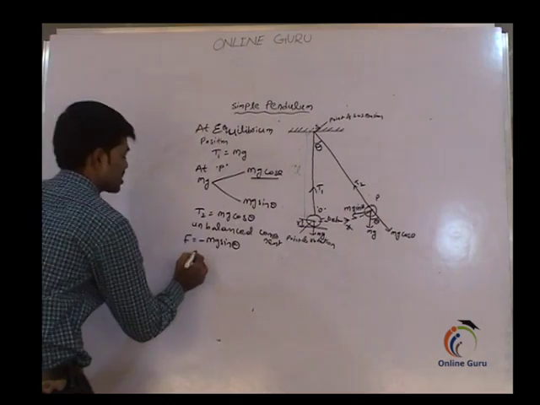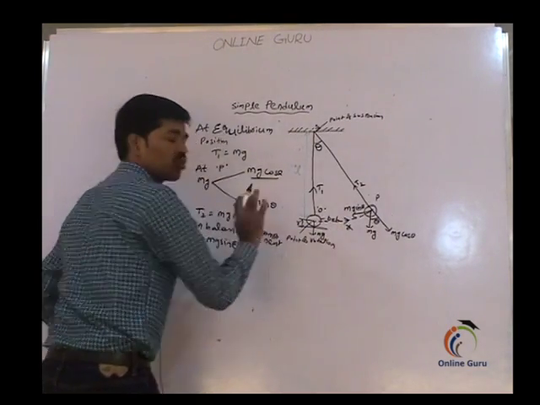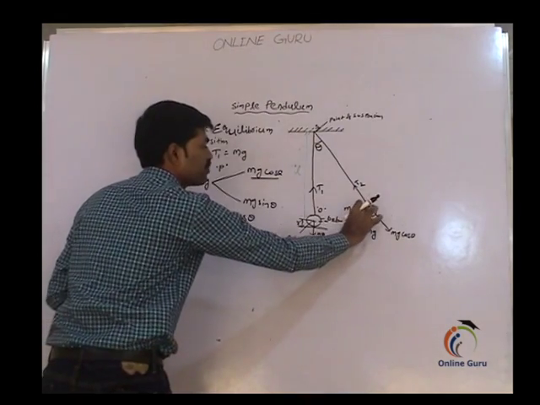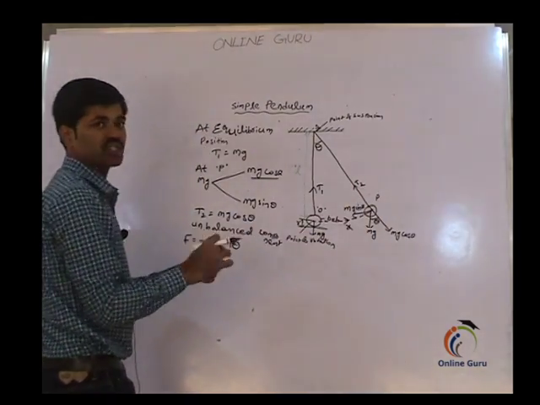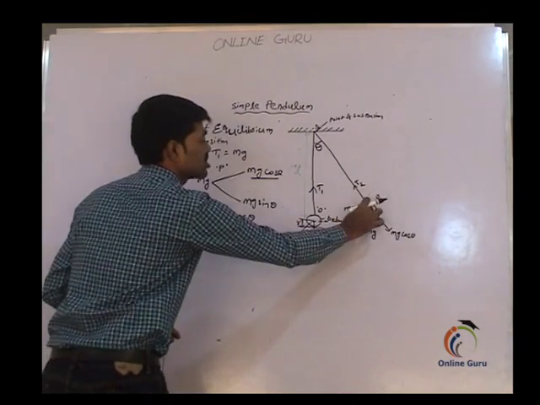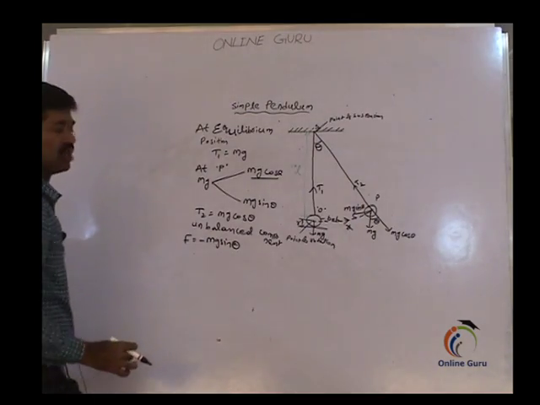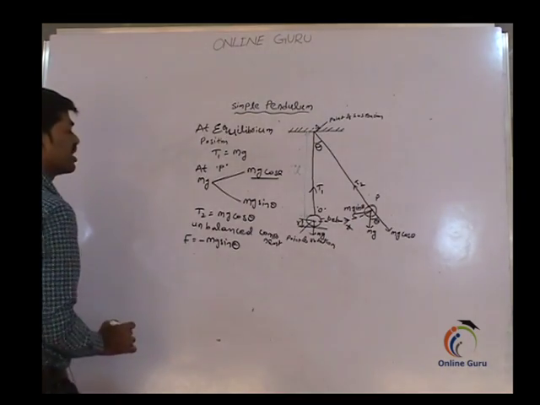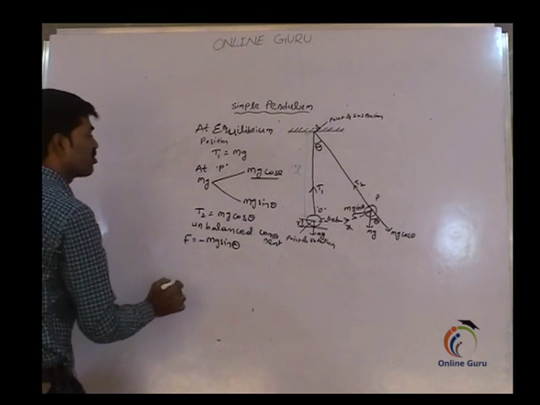The negative sign indicates that it is a restoring force, that is, it always tries to bring the pendulum towards the mean position. So this negative sign indicates that mg sin theta is a restoring force.